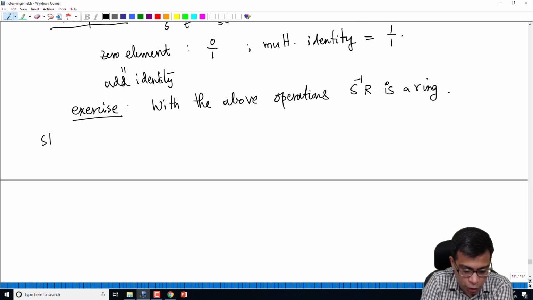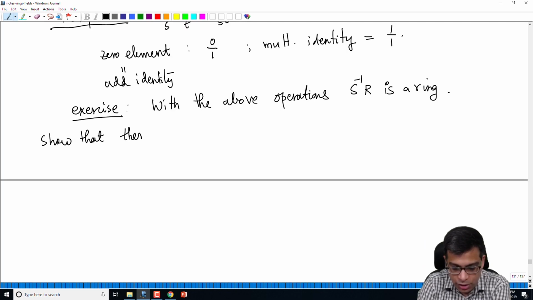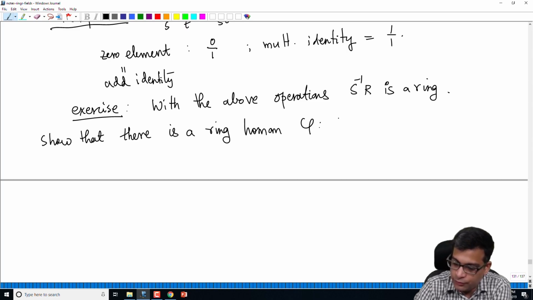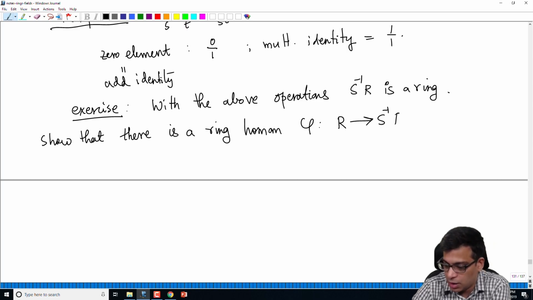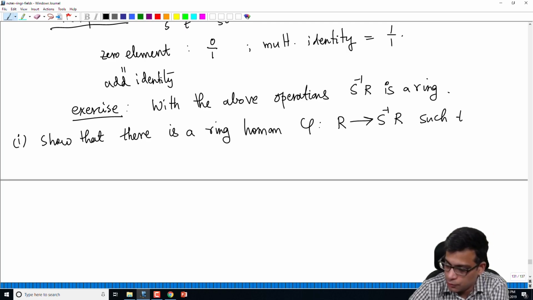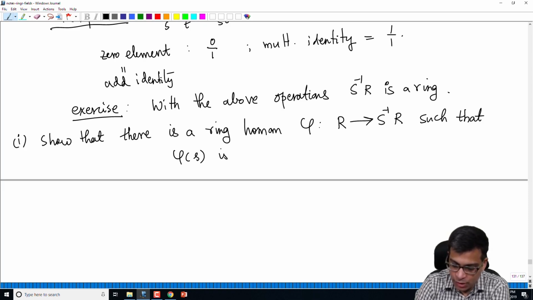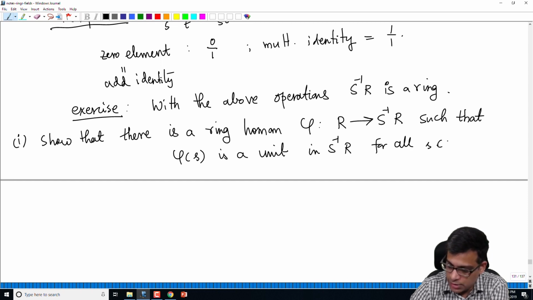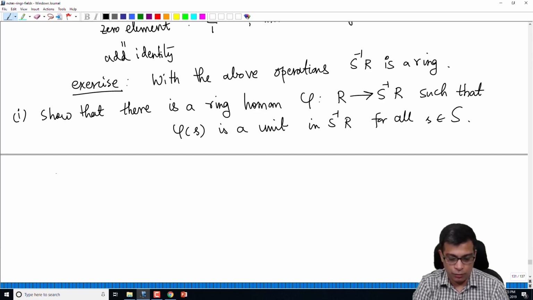Now the problem is: show that there is a ring homomorphism phi from R to S inverse R such that phi of s is a unit in S inverse R for all s in S. Okay, so how do we show this?